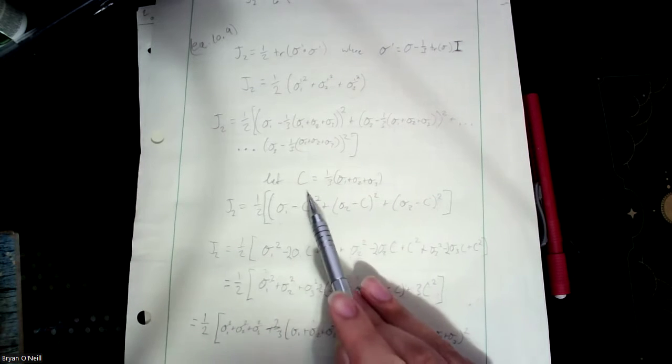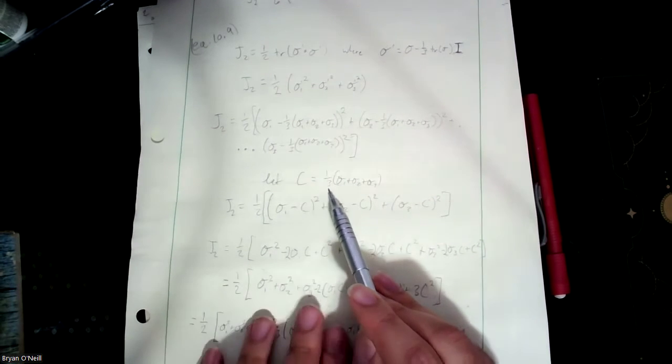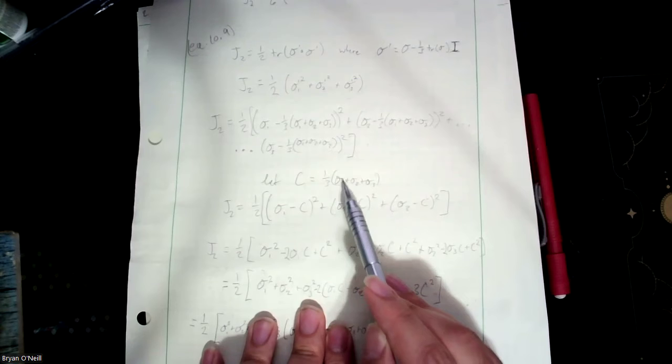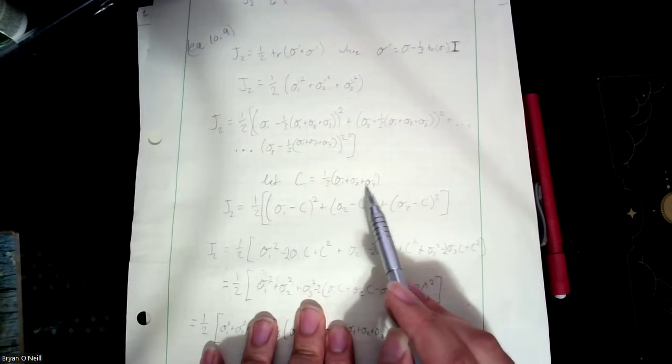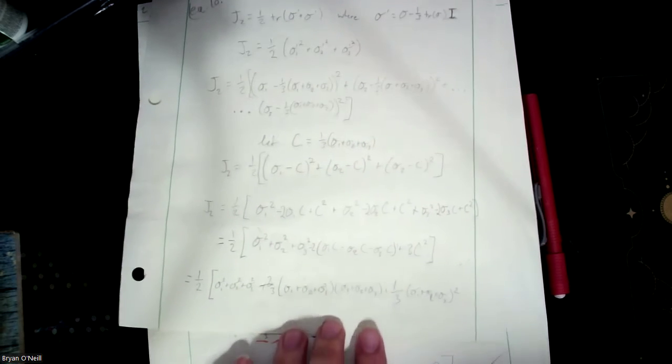To keep this simpler and save myself from making 400 sheets of paper for one question, I let C equal this expression right here, 1/3 theta 1 plus theta 2 plus theta 3, because that is unchanging and a constant. We'll substitute it back in later once we sort all this out.